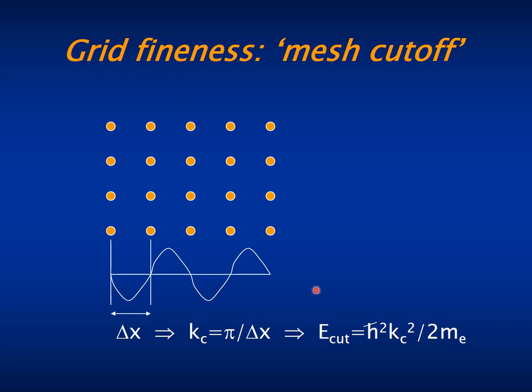And we measure this fineness by the maximum energy of a plane wave that can be represented in that grid, and which is given by this simple formula as a function of the grid spacing.